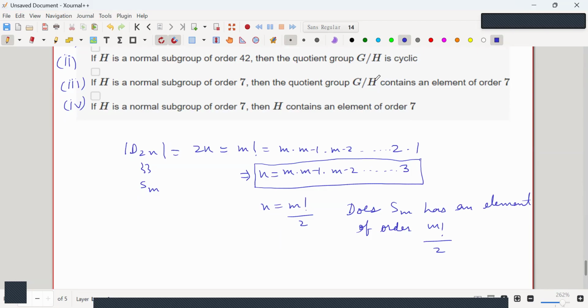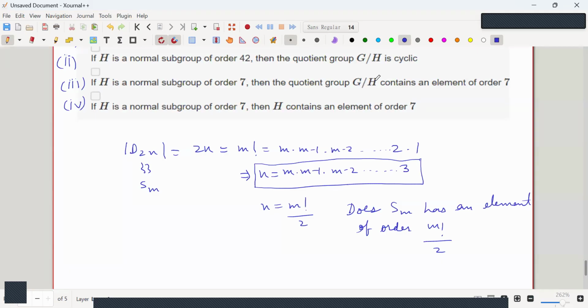For example, when you take m to be 4, 4 factorial is 24, right? So does S4 have an element of order 12? No, it won't. Similarly, can we say that S5 has an element of order 5 factorial by 2, that is 60? See, what is the order of an element in Sm?